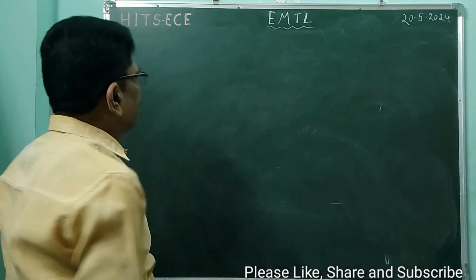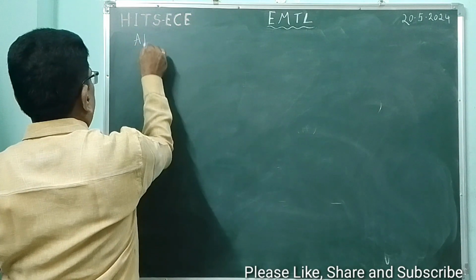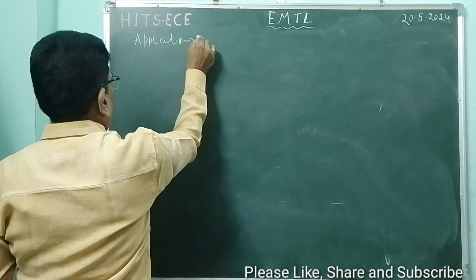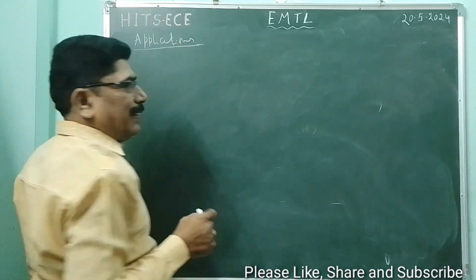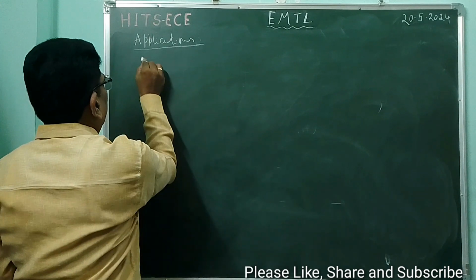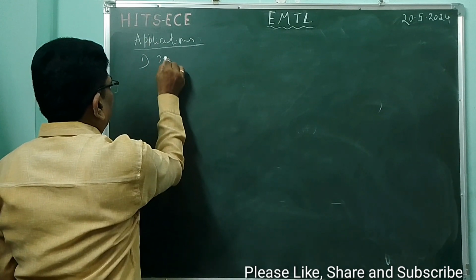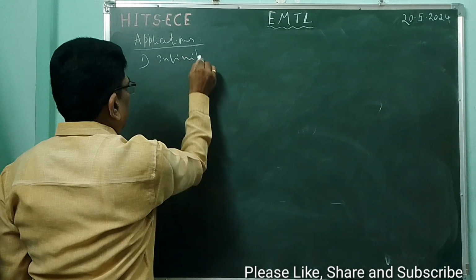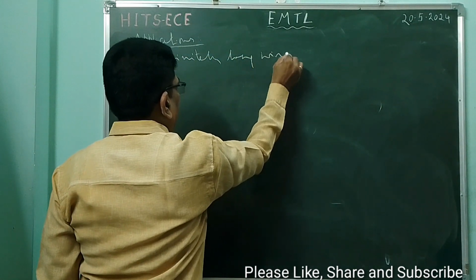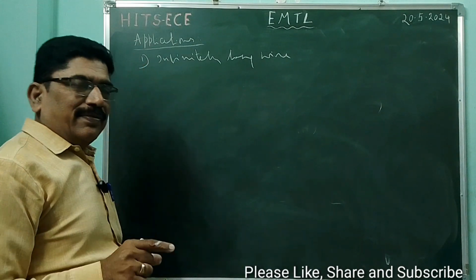So three applications are there. That is finding magnetic field intensity. First one, infinitely long wire, means the current will be flowing in that infinitely long wire.